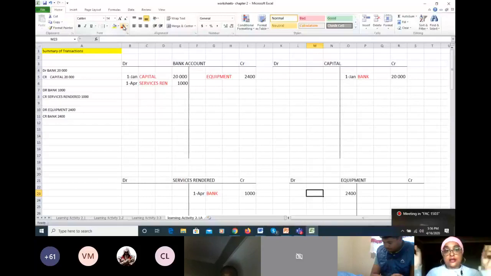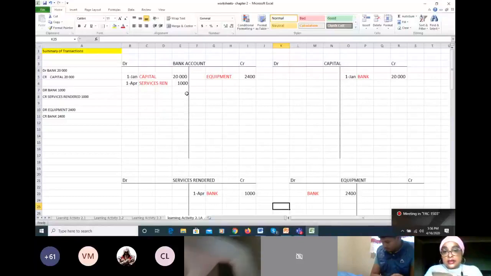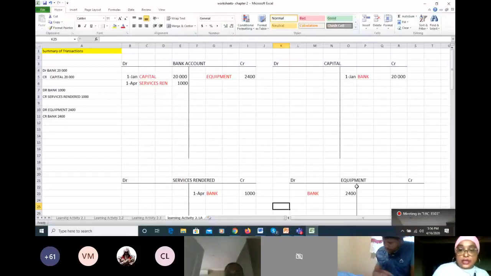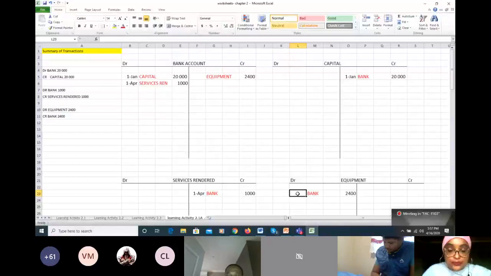I can see that I bought 2,400 Rand worth of equipment, but I have 21,000 Rand in my bank account. I can see that services rendered was through cash money, and I can see that equipment was purchased for 2,400 Rand. And then we put our date, which is the 9th of the 1st.